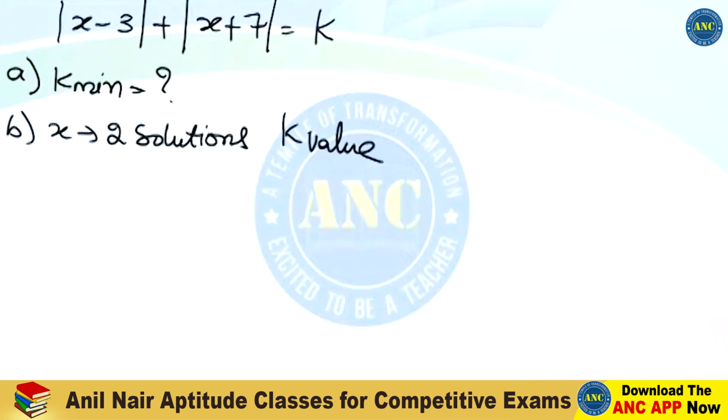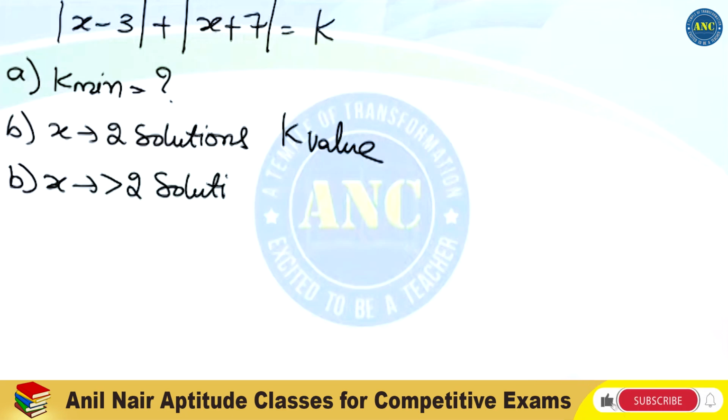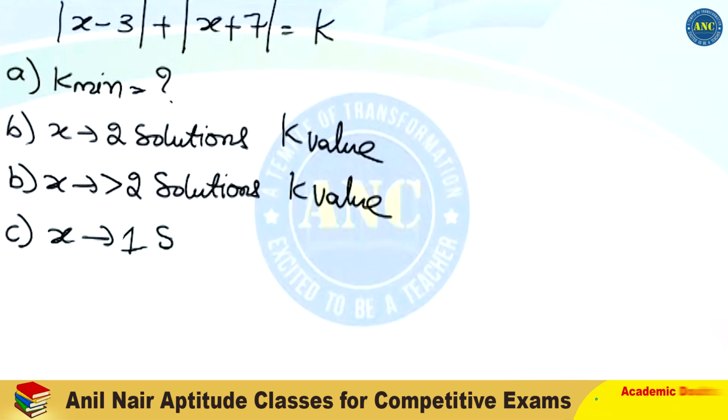Second question, if x takes more than two solutions, what will be the value of K? If x takes exactly one solution, what will be the value of K? Once you understand, it's an easy question.